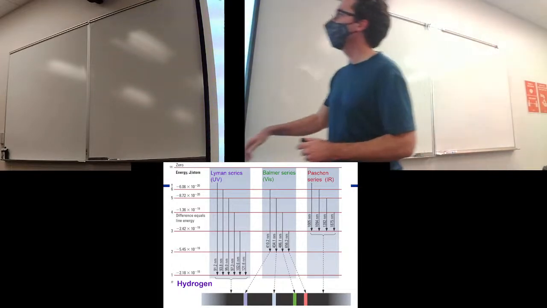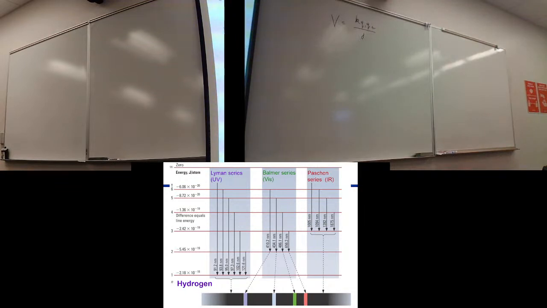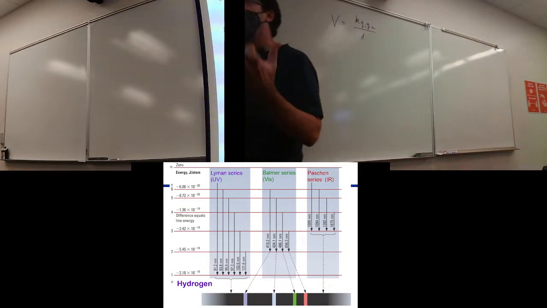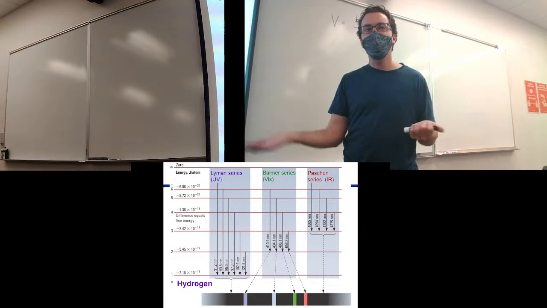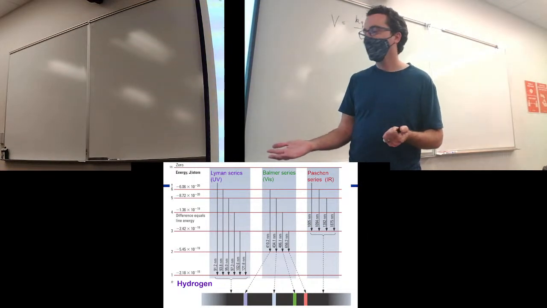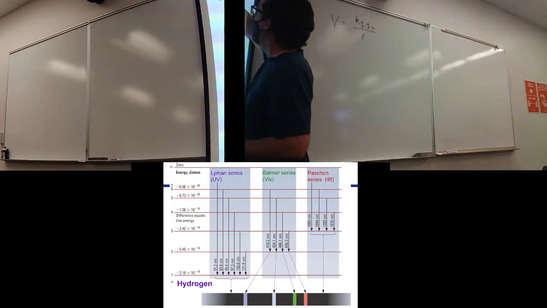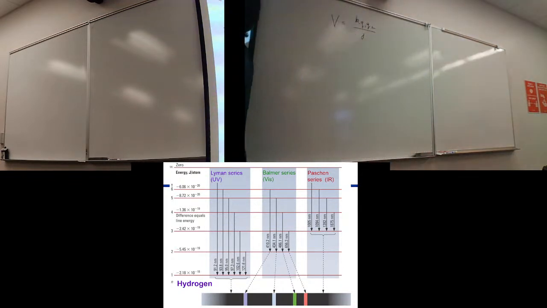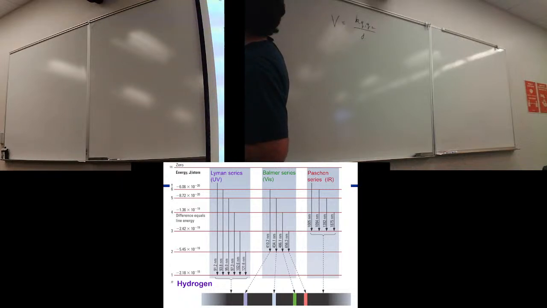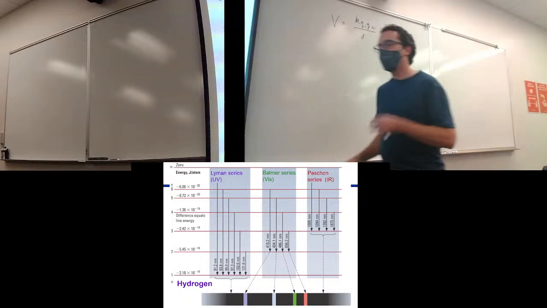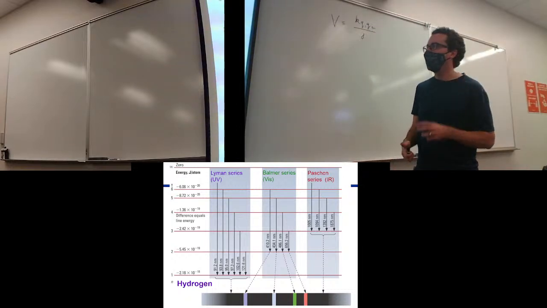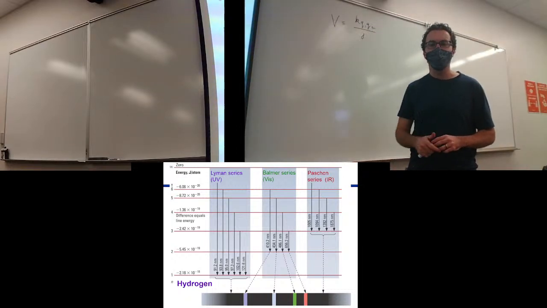The rest of them, like here to here to here, are all too high energy. They make UV photons, photons that are so high energy that they're not visible anymore, or they are too low energy. So over here, the 4 to 3 transition, the 5 to 3 transition produces a low energy photon. It's in the infrared area.